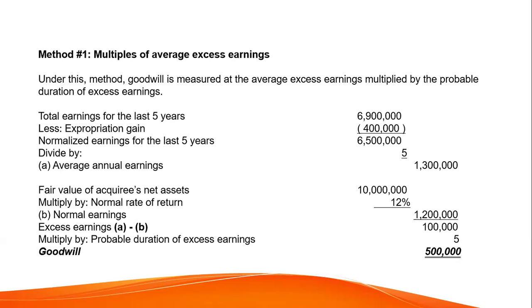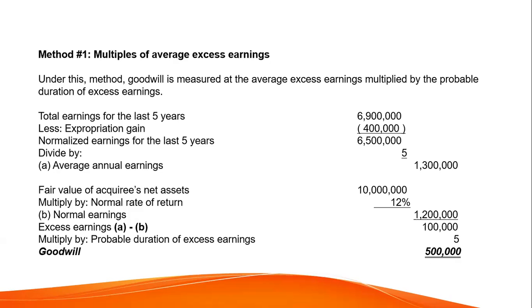And it stated that the fair value of XYZ's net assets as of the end of 20X5 is 10 million, and that the average rate of return of the industry, meaning the industry, like for example, if it is a restaurant, now you have a restaurant to compare. If you have a bank, then use a bank to compare.